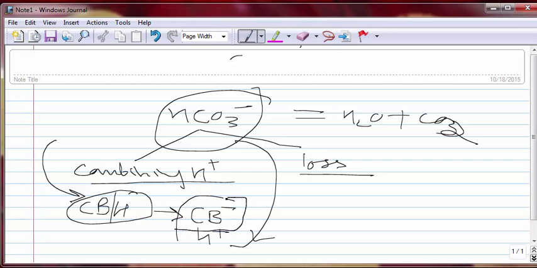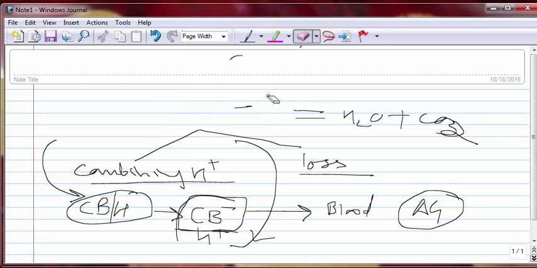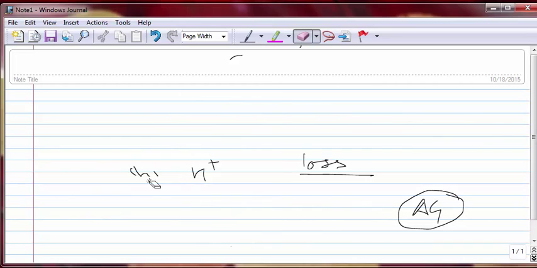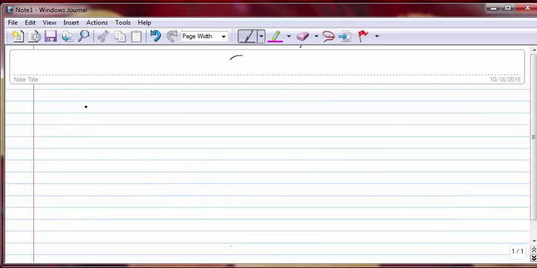It means that now this extra negatively charged body will be available in the blood, and it will add to what we call an anion gap. Okay, so let us see what an anion gap is and how we calculate it. It's a simple rule that the number of positive and negative charged ions in the body will always be constant.